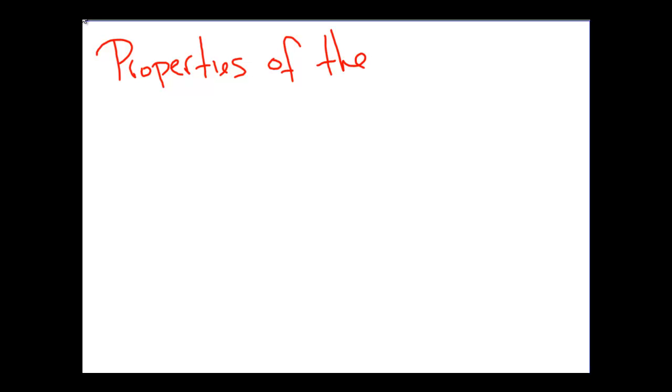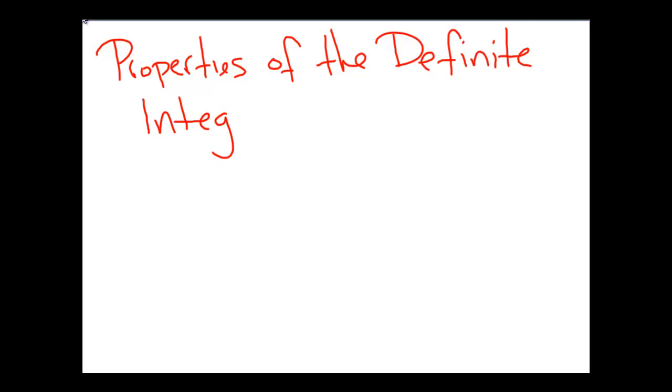Some of these are definitions and some of these are ideas that we can sort of derive or show. All of these are very important for you to understand and be able to make use of as we go through and prepare for the AP test.